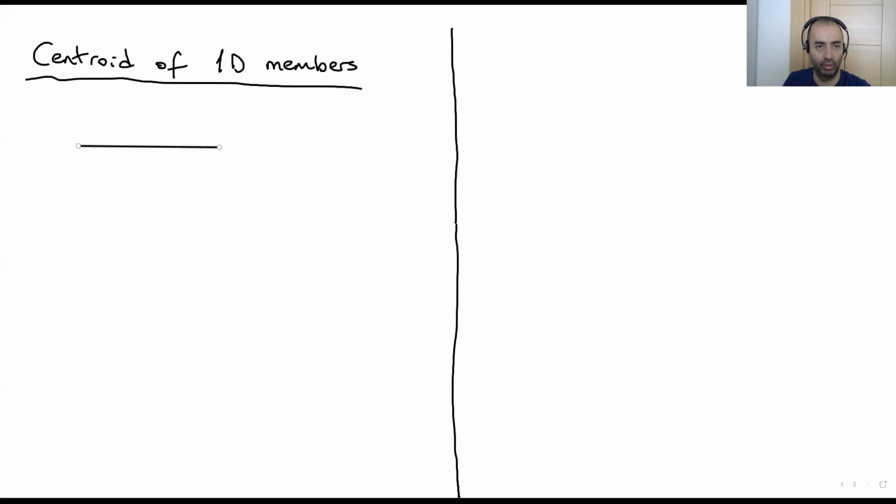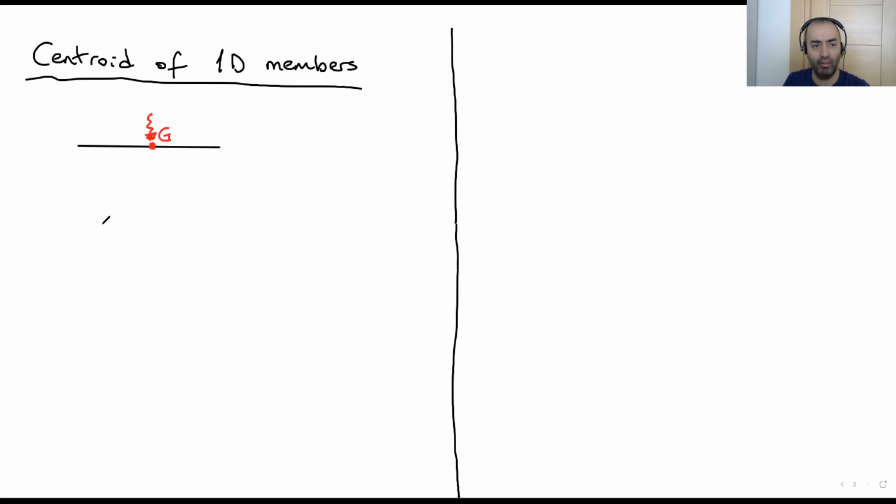Is it easy for you? Midpoint. Yes, you're right, midpoint. If we know this total length, yes, we can define the midpoint as the G point for this member.